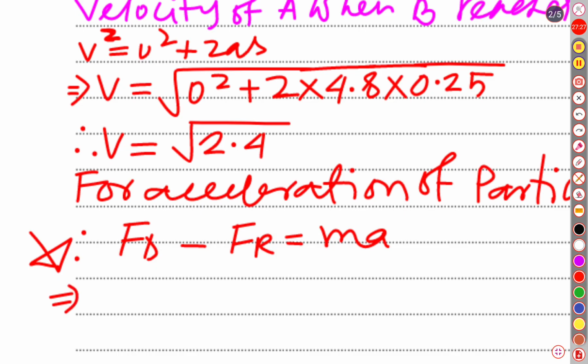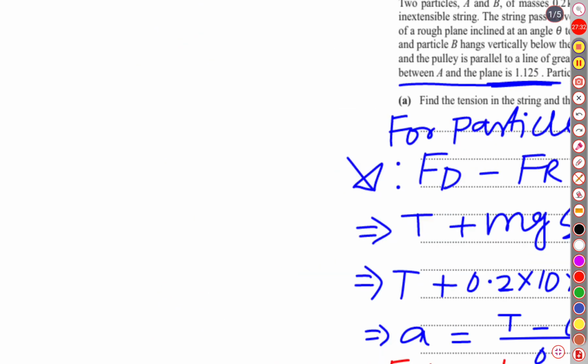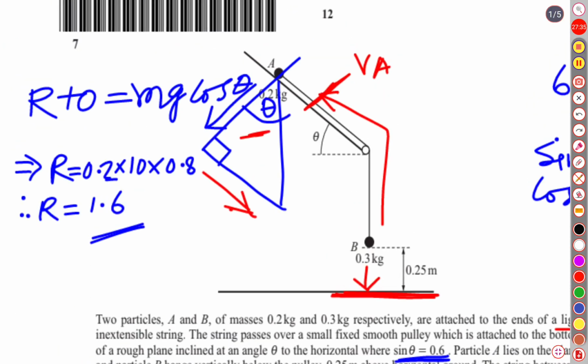Now let us analyze the question. When B is at the ground, A is still continuing. So what is the driving force for A? A is still moving down, but as B has touched the ground, there is no tension in the string.